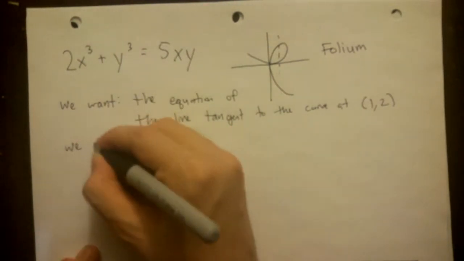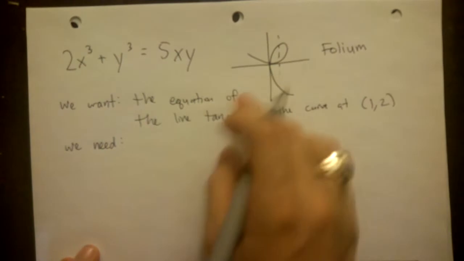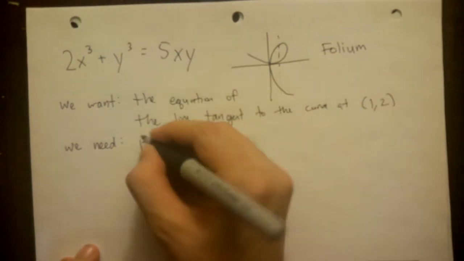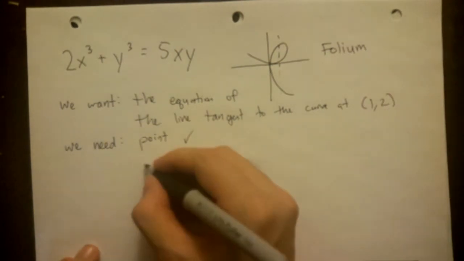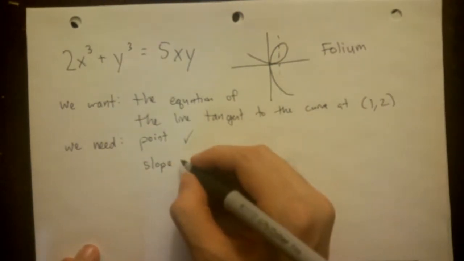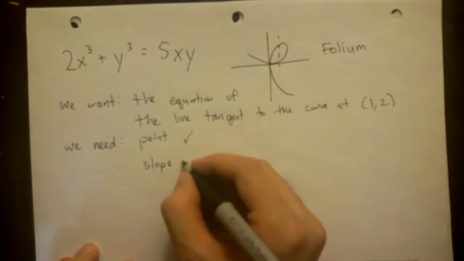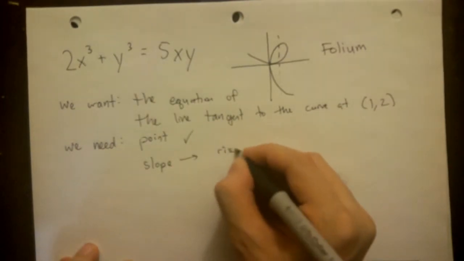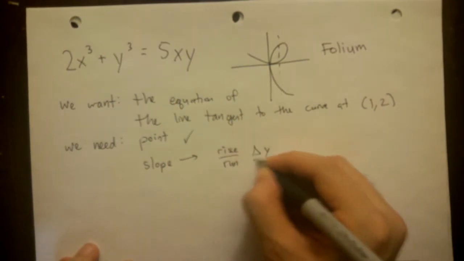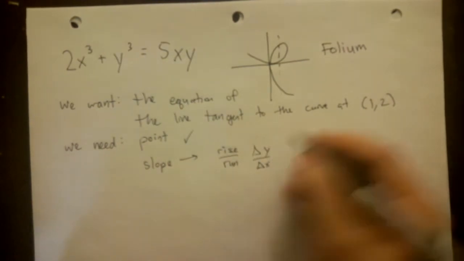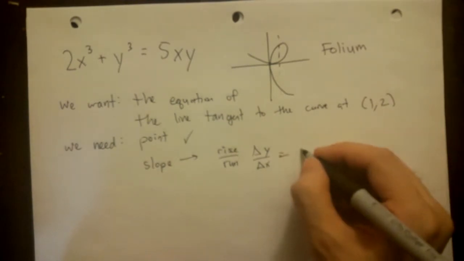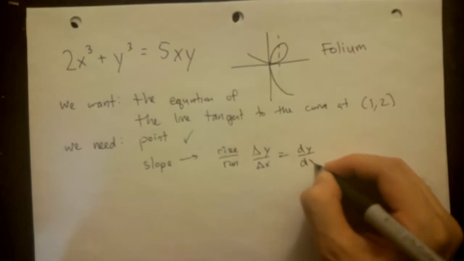So what do we need? Well, in order to find the equation of a line, we need a point. And we have that. It's right here. And we also need a slope. Now, when we say slope, we normally think rise over run, or maybe delta y over delta x. But we're in calculus now. And so we really want to think of this as dy/dx.